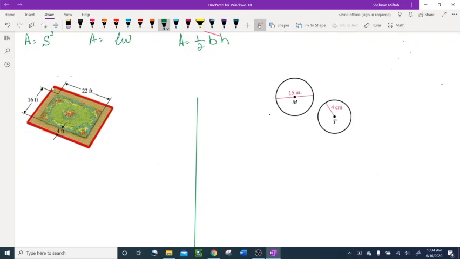The red is edging. How much edging material will they need? Like I said, this red is edging, so how much material do they need for it? That's a perimeter, right? So we add all the sides.